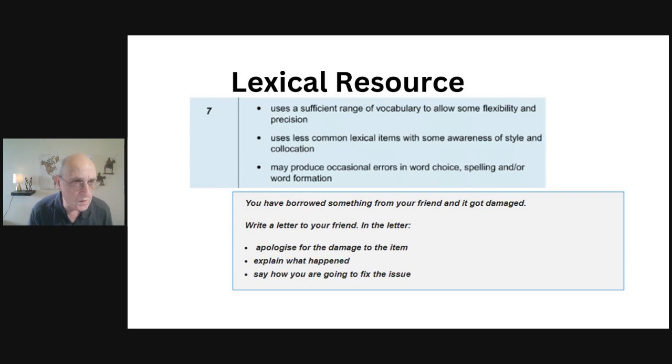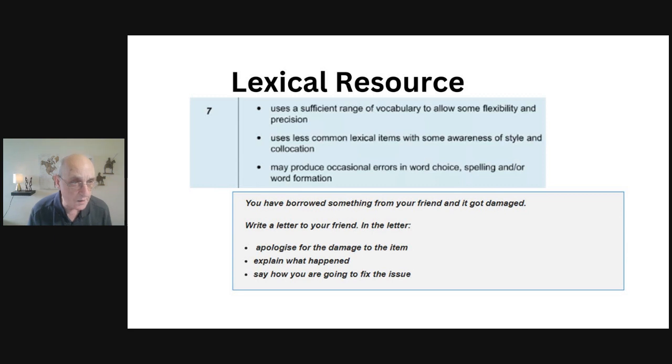It has to be useful and appropriate for writing an informal letter. So don't be tempted to try to put really uncommon or fancy words into your letter, because that's not the way you speak on an everyday basis. That's not an informal tone.